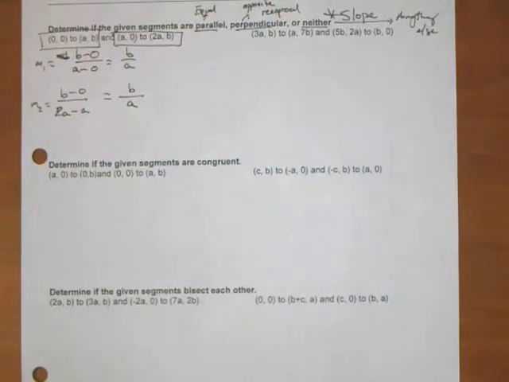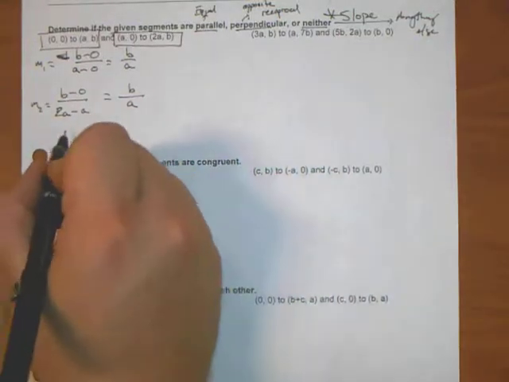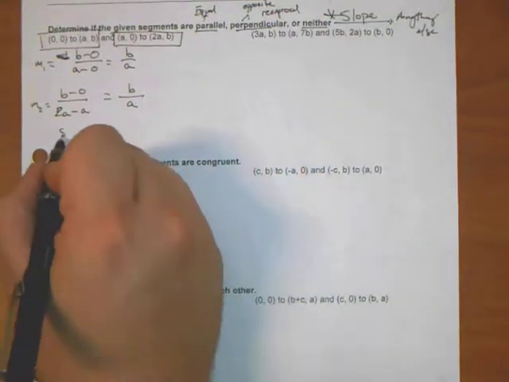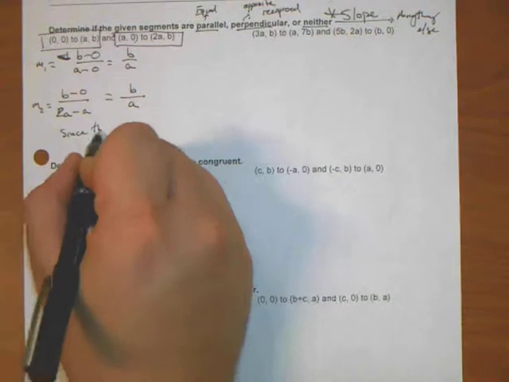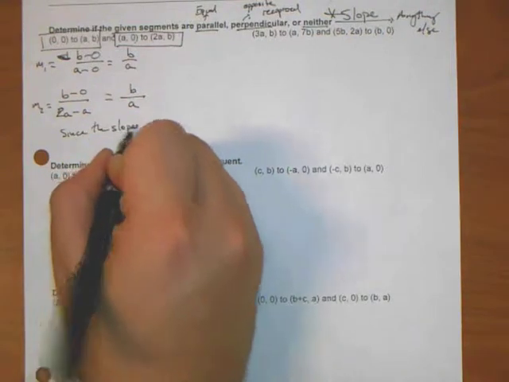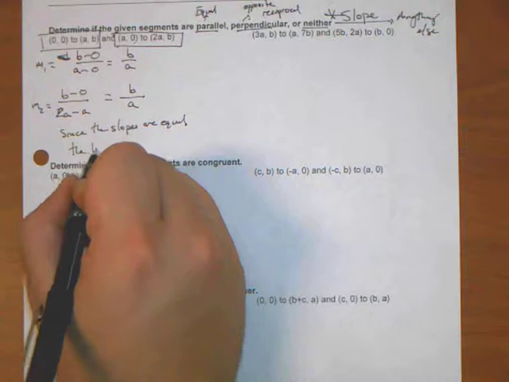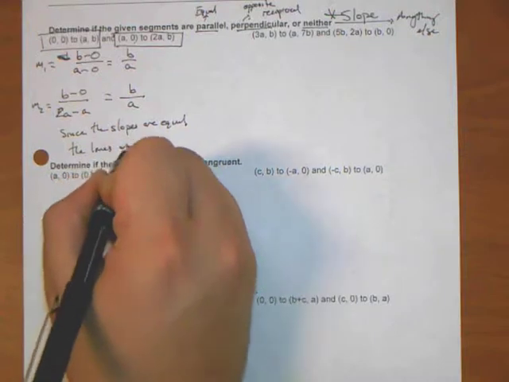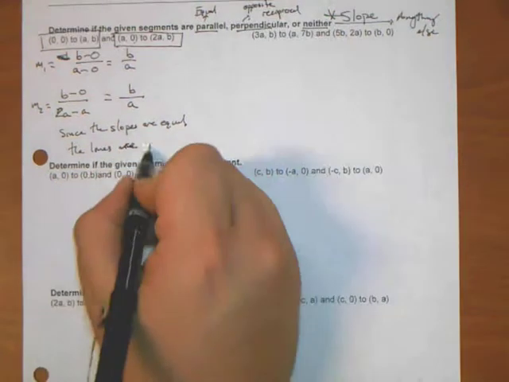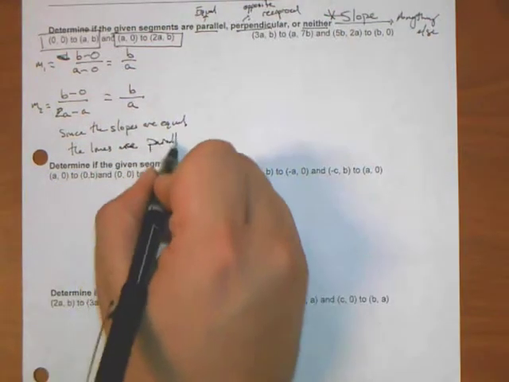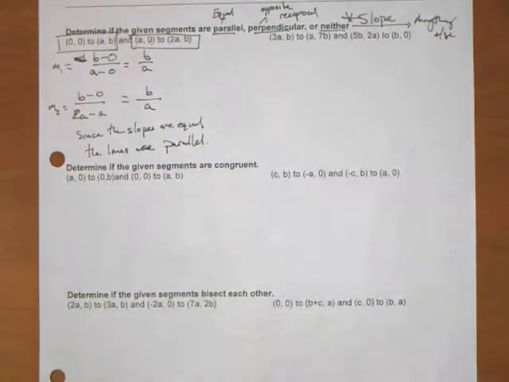Okay, so I've performed some calculation here, and then I draw a conclusion. Since these slopes are equal, the lines are parallel. Same formula, same slope. They're both parallel.